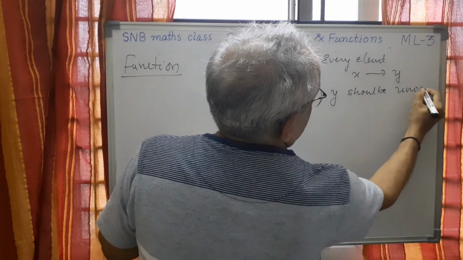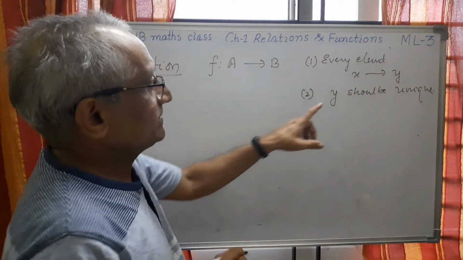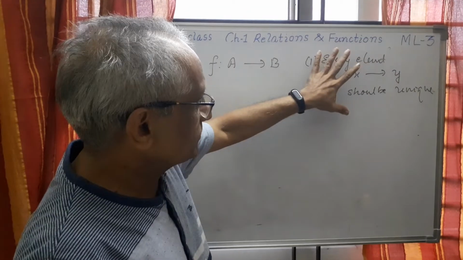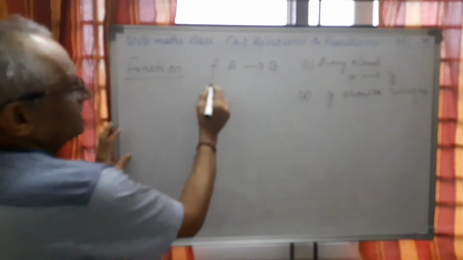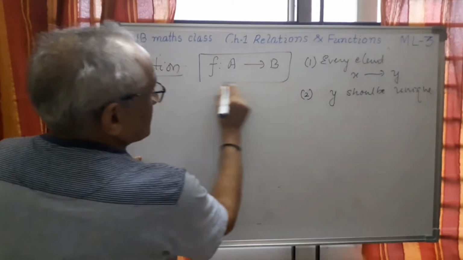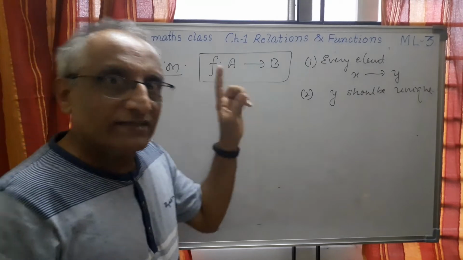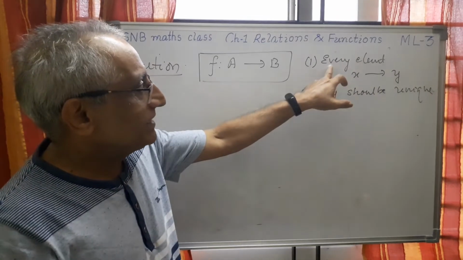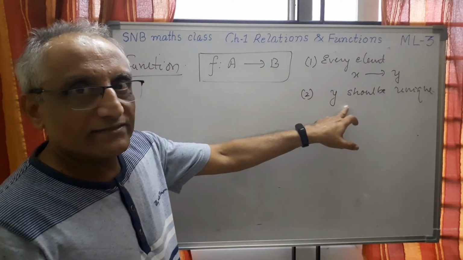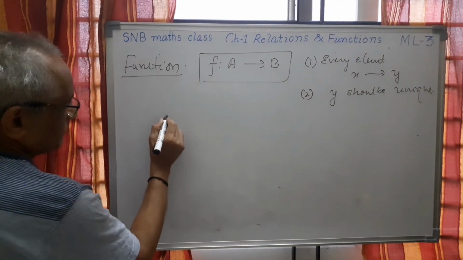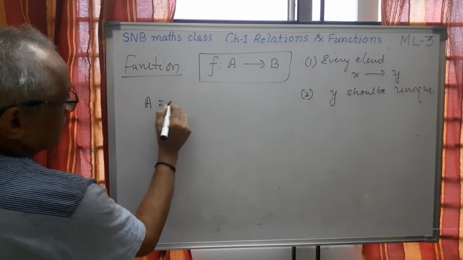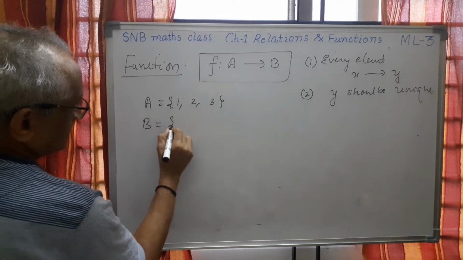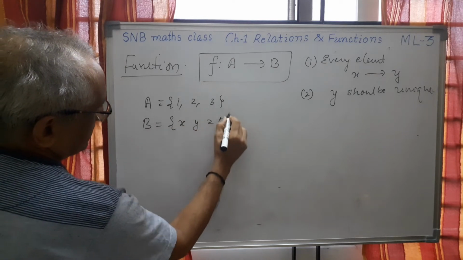unique. Y should be unique. That means x should not go to two elements. So if these two things are satisfied, then it is function. So remember, function is also a relation, but it has two specific conditions: every element, and second one, uniqueness. So let me give a few examples. Say A equal to 1, 2, 3 and B equal to, let us say, x, y, z, t.